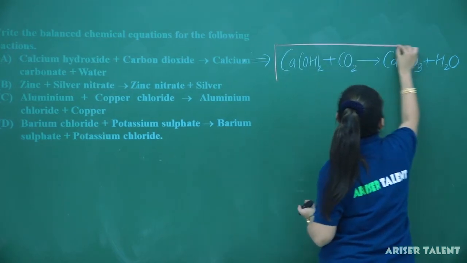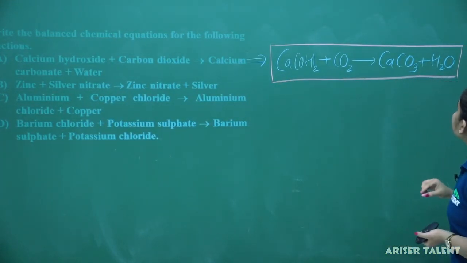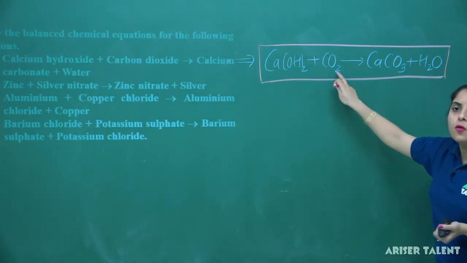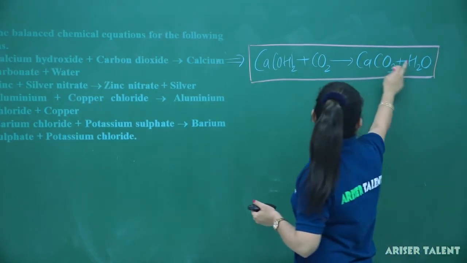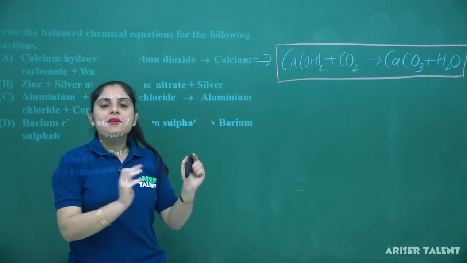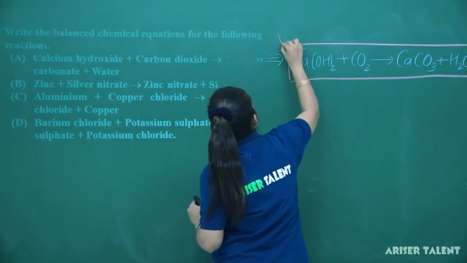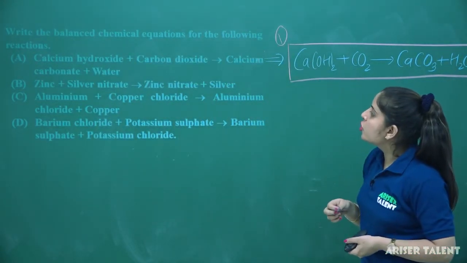What we can observe from here, calcium 1, oxygen 2, here oxygen are also 2 into 2, 2 plus 2, 4, again 3 plus 1, 4, hydrogen here are 2, hydrogen 2, carbon is 1. So, I must say this equation is a complete balanced equation. So, this is the correct solution for question number 1. Now, we are on our next question.